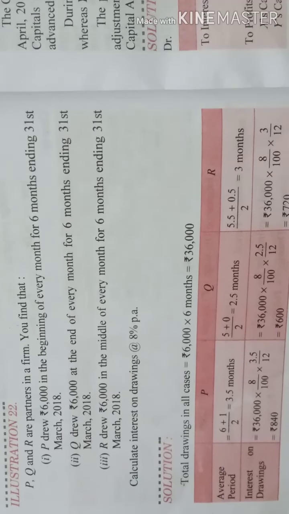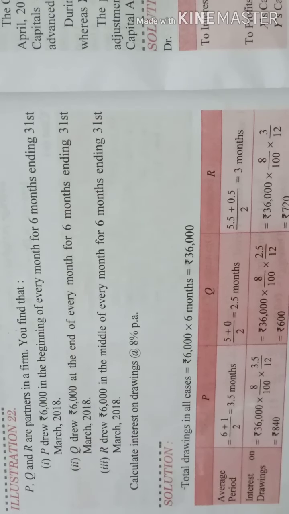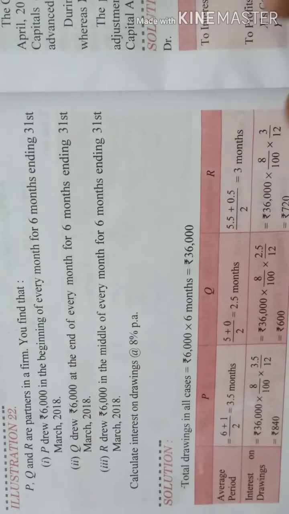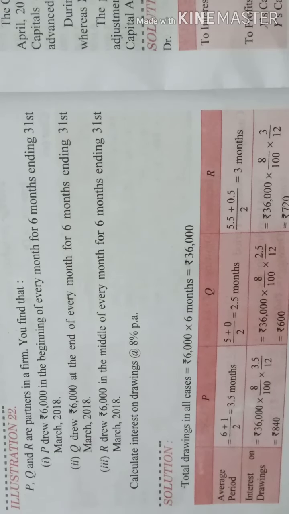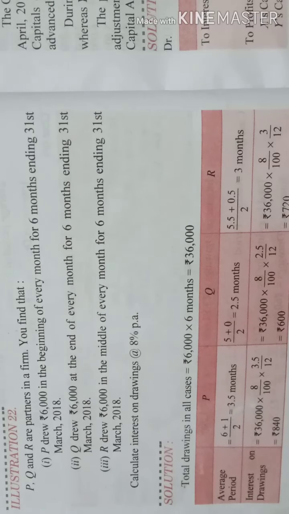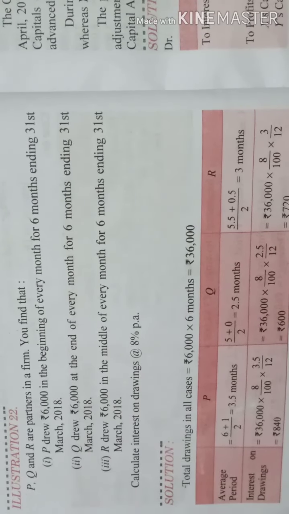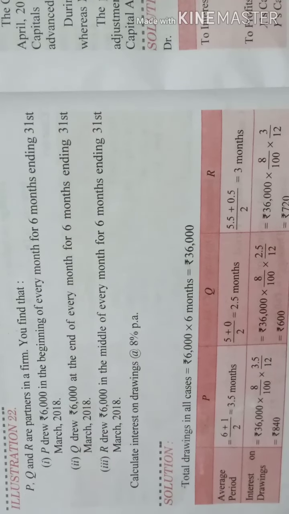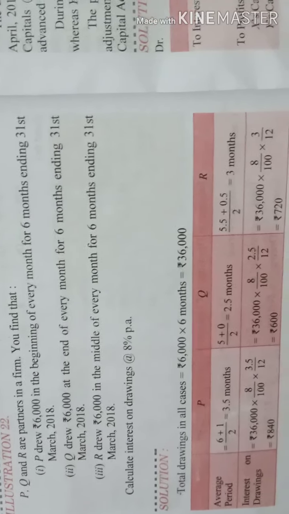Let's take one more illustration which has a few more cases. Now in this we will check if we are withdrawing in the beginning of every 6 months, or at the end of every 6 months, or in the middle of every 6 months, how we will calculate the time period.